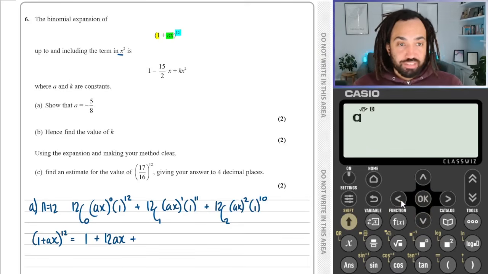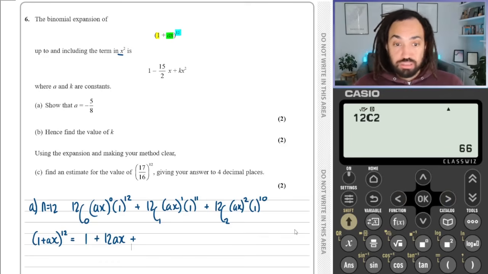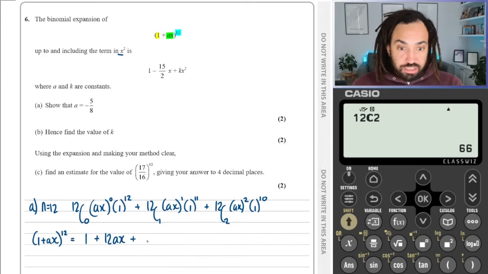Okay, I found it. So we want 12 choose 2. 66. Probably could have worked that out quicker, but anyhow. So that's 66, and then we are timesing that by ax squared.